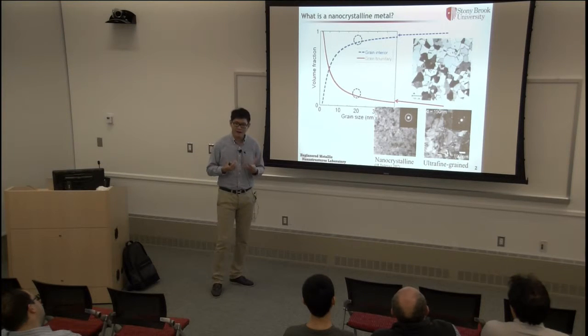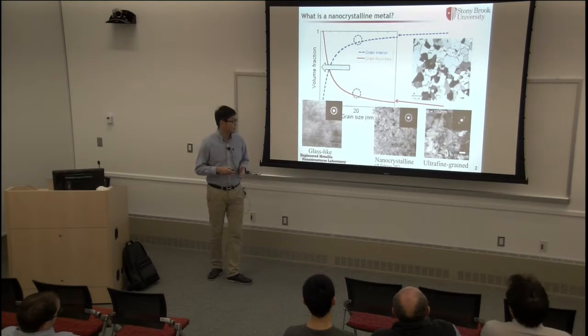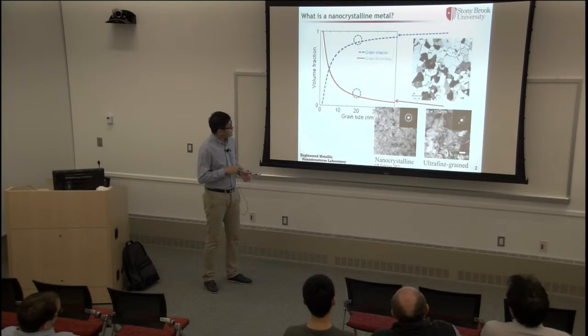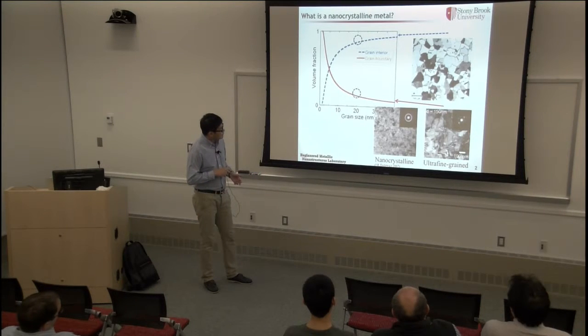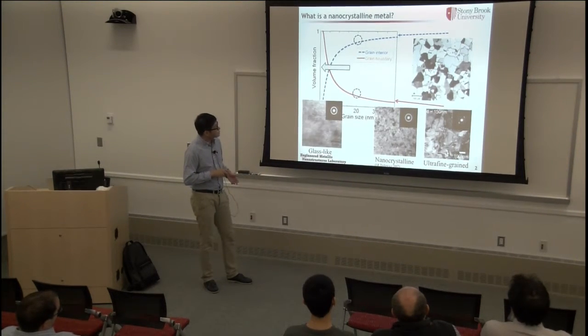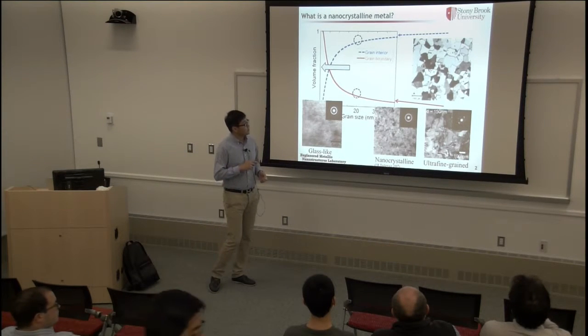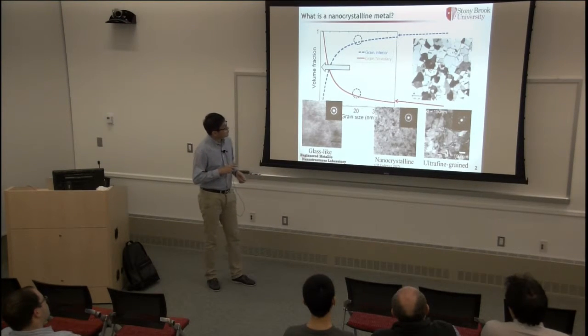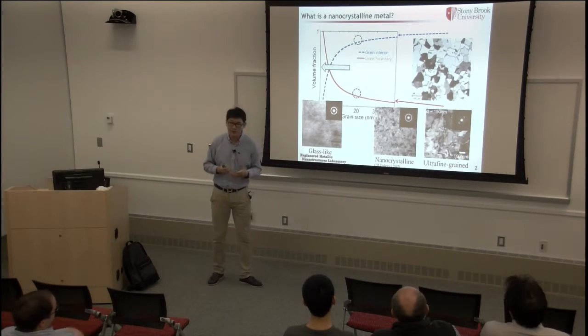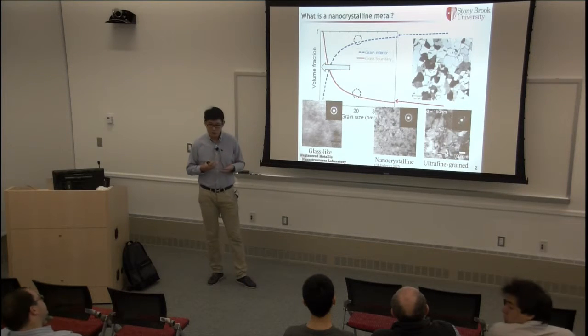And when we refine the material into the finest grain size, about 5 to 10 nanometers, we see that the grain boundary's volume fraction even surpasses the grain interior's volume fraction. This might signify a significant change of the material's properties.